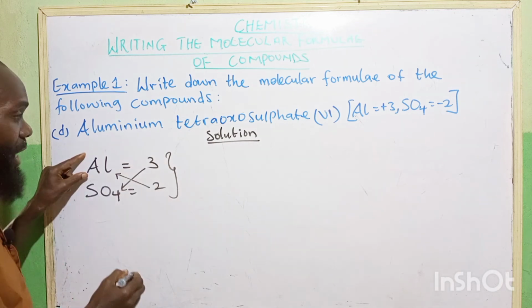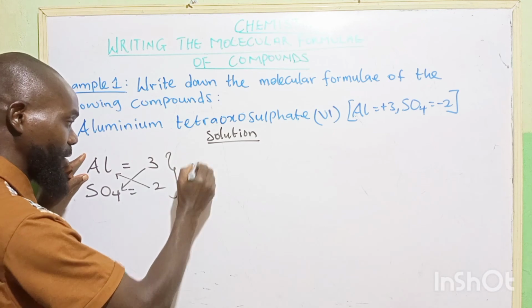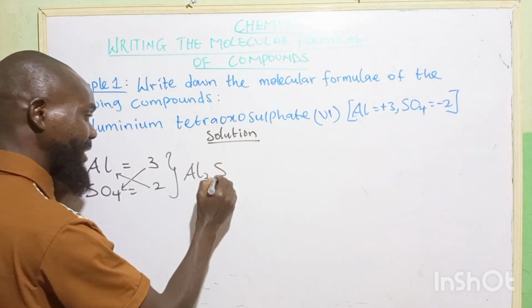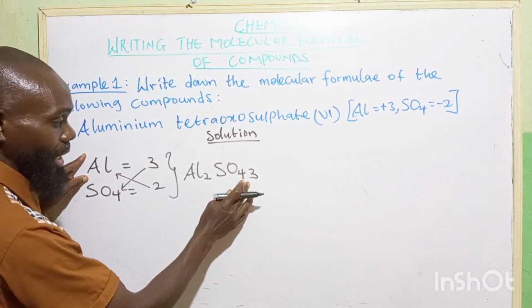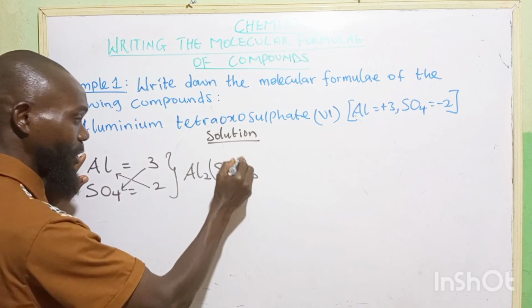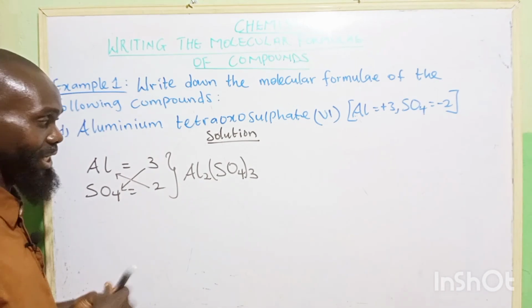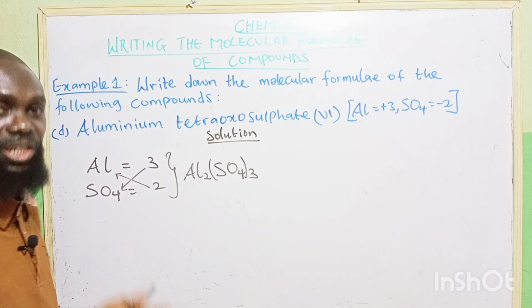So the first one we write is the positive charge, the positive element, Al. 2 is coming here, Al2, then SO4, and 3 is coming. So in order to show that this 3 belongs to the SO4, we open this bracket and close the bracket. So the formula of aluminium tetraoxosulfate 6 is Al2, open brackets, SO4, close the brackets, 3.